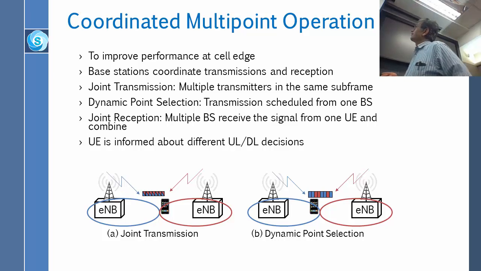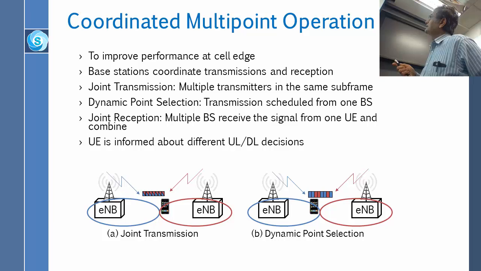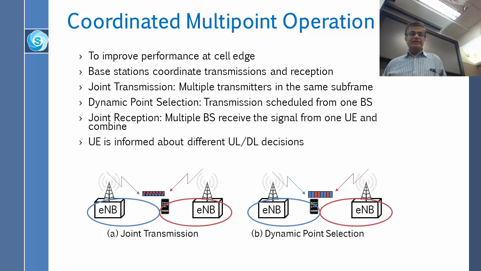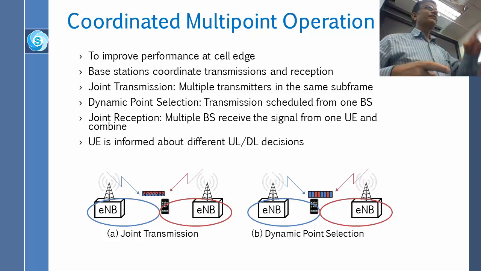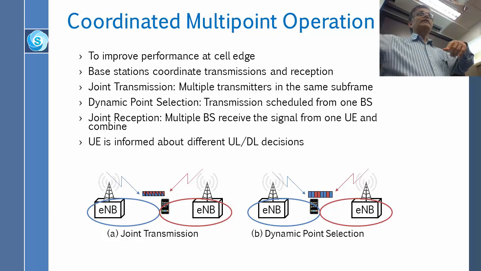Now let's see more detail. To improve performance at the cell edge, base stations coordinate transmission and reception. Joint transmission: multiple transmitters in the same subframe, dynamic point selection. Here is another thing they could do. They could say, I want to send this packet to this guy, and can you please also send the same packet to the same guy.